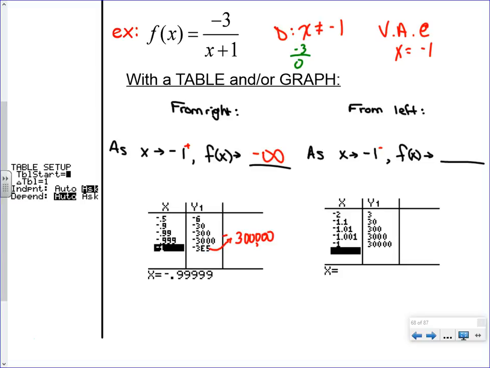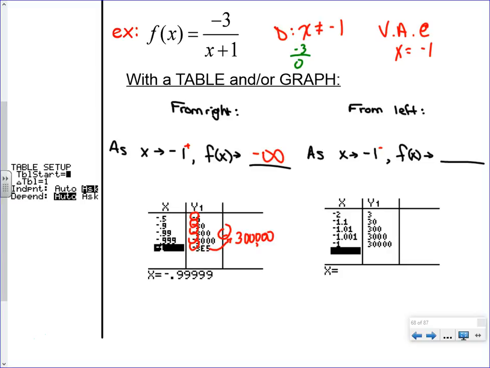And this one, going down. But wait, do the numbers even really matter then? If we know it's one of the infinities, what's the most important thing we need to know? All we need to know is is it positive or is it negative? Is it going down or going up? We're going to use that clue in a second.